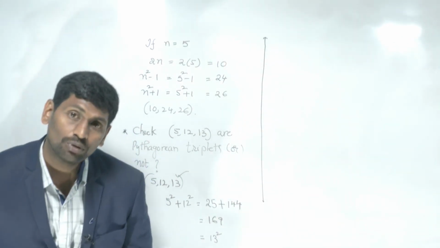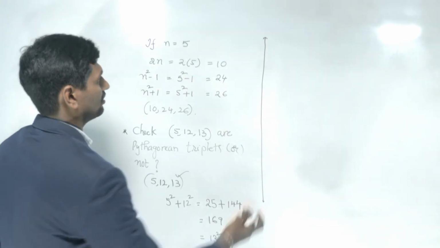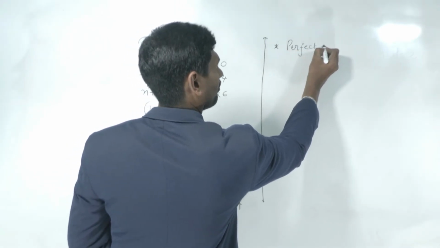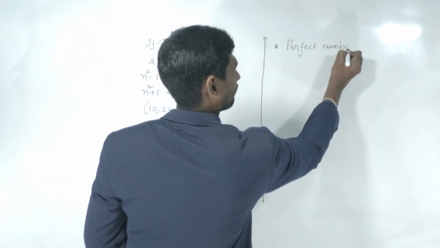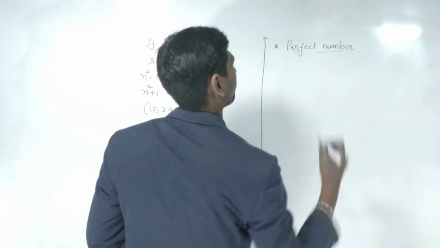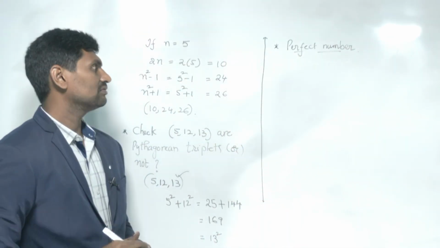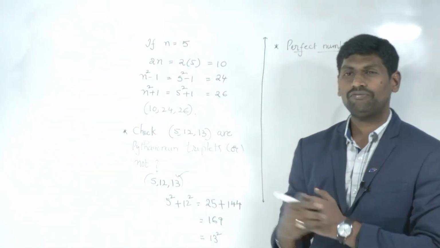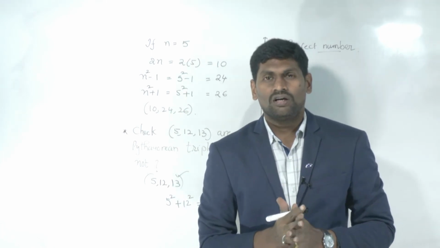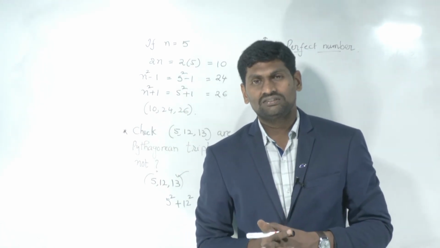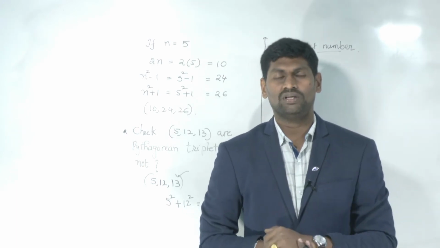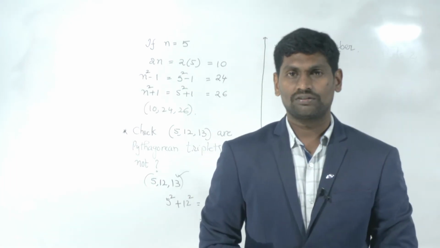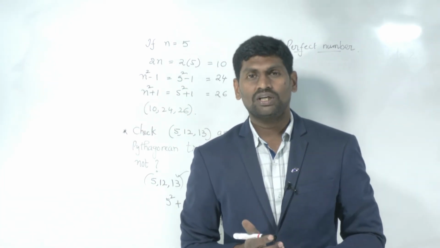Next, we have to discuss perfect number. Perfect number. So simply, perfect number means if you add all the factors of a number, the sum will be double the given number.